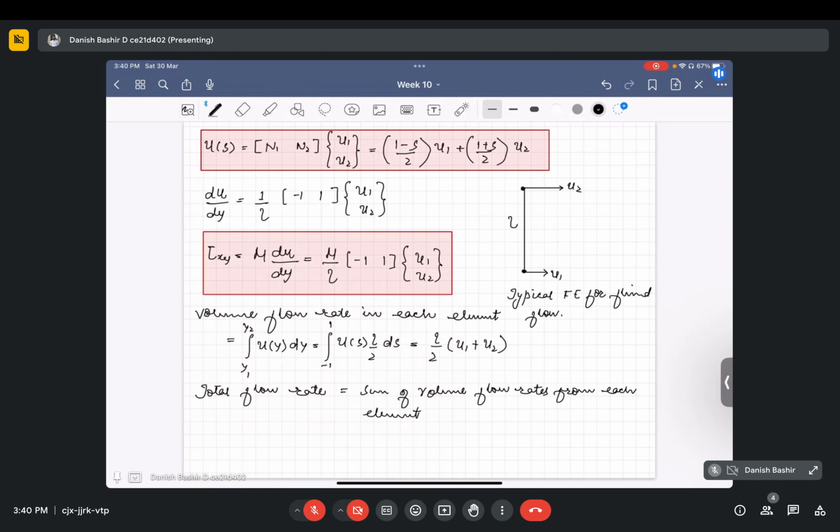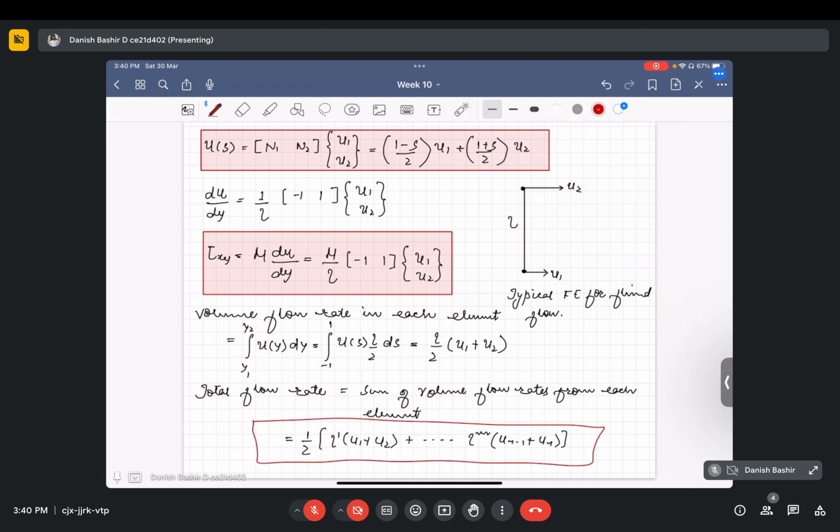Okay, so it will be equal to 1 by 2 times, for element 1, L1, the length of that one, times U1 plus U2, up to, if there are m elements, Lm times Un minus 1 plus Un. Okay, total volume flow rate. I hope this point was also clear to you.